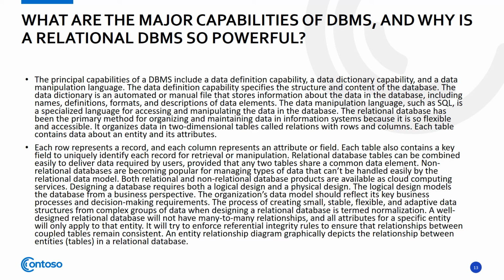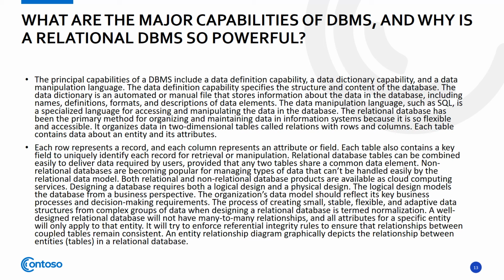The data definition capability specifies the structure and content of the database. The data dictionary is an automated or manual file that stores information about the data in the database, including names, definitions, formats, and descriptions of the data elements. The data manipulation language, such as SQL, is a specialized language for accessing and manipulating the data in the database.